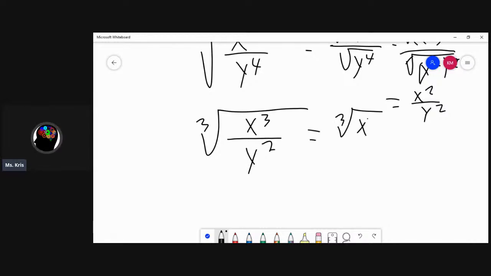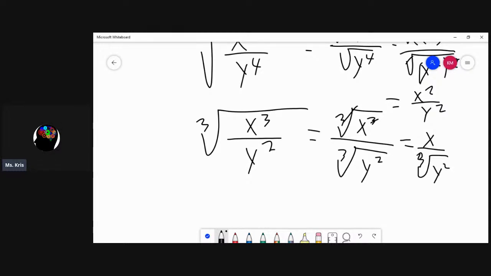So you have the cube root of x to the third, and you have the cube root of y to the second. So the cube root of x to the third, of course, those cancel, and that gives me x. But the cube root of y squared is still going to be the cube root of y squared, because you cannot pull a cube out of a square. Therefore, you have the cube root of y squared.